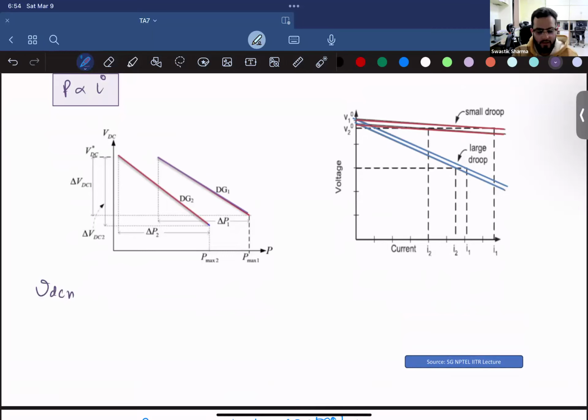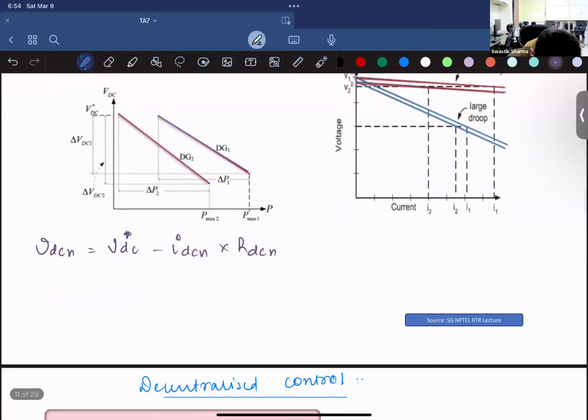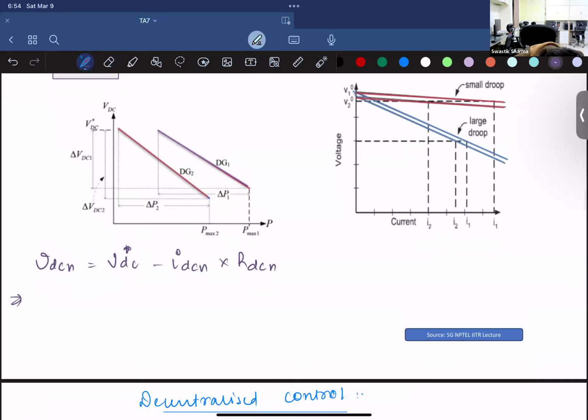Let's say you have an nth converter. VDC n represents the DC voltage of your nth converter, and there is some reference VDC star given to it. The whole equation looks something like this: the output current of that nth converter multiplied by the output resistance of that nth converter. Let's call this delta V, and I is what?